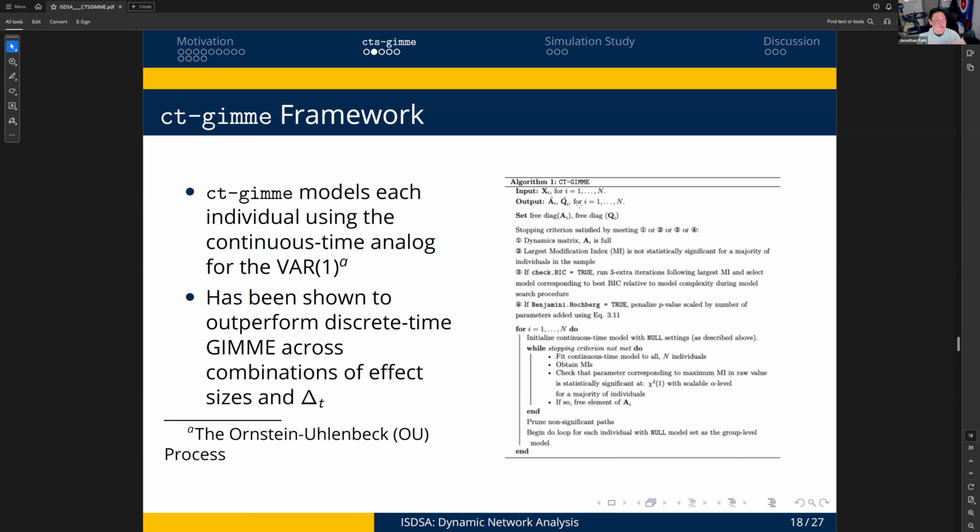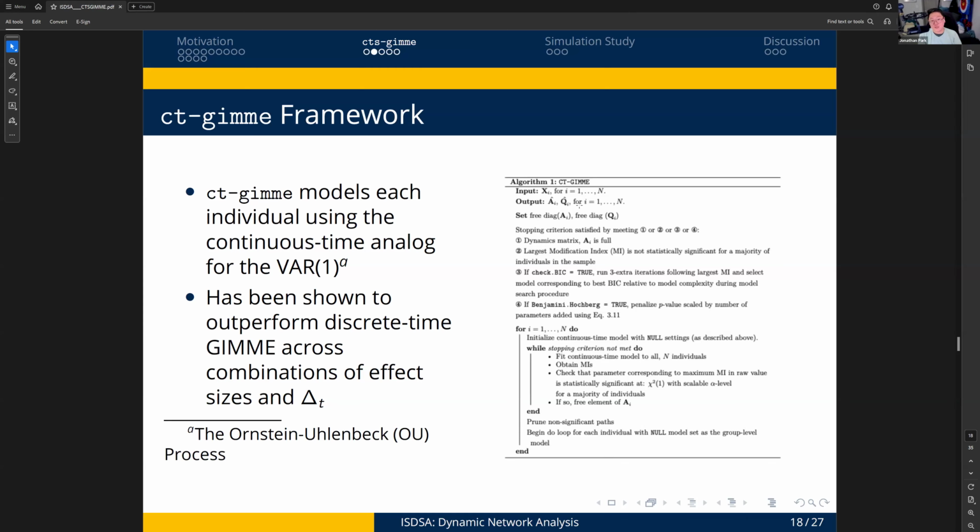Then we iteratively assess the modification indices of individual models. We pool the information from these modification indices, and we identify which parameter in the dynamics would substantially improve model fit for a pre-specified majority of individuals. If there is a parameter that would improve the model fit for most people, then we add it.